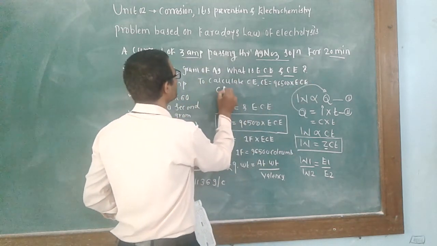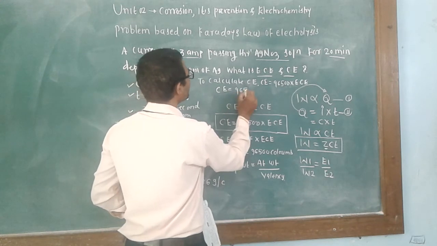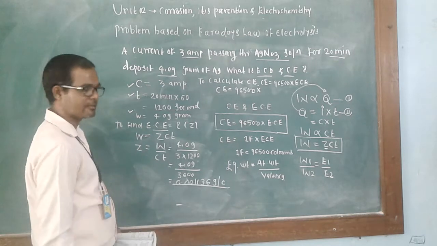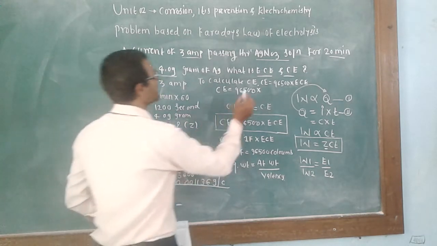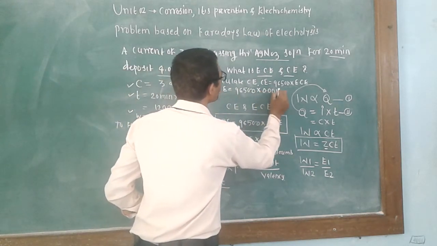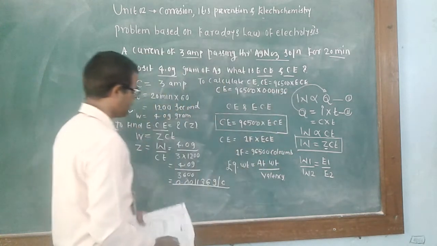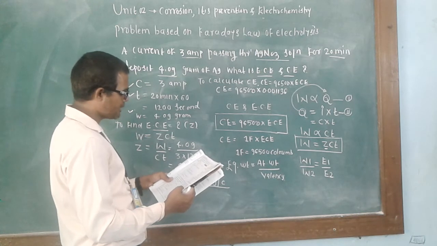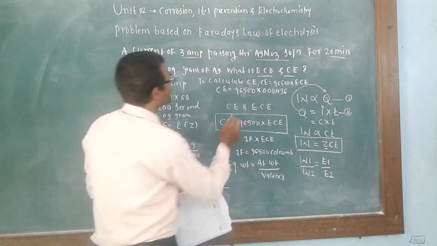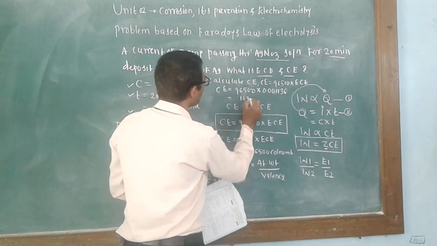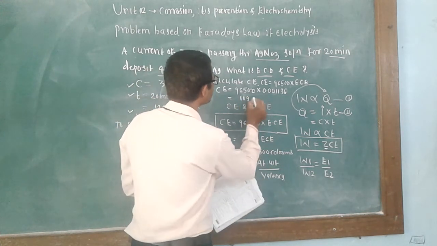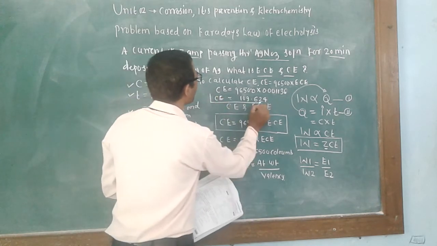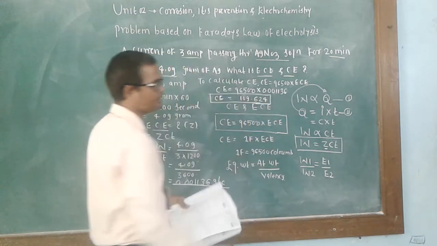CE is equal to 96,500 multiplied by Z, that is in gram per coulomb, that is 0.001136. Okay. When you multiply 96,500 with the electrochemical equivalent value, you will get 109.624. This is the equivalent weight or the chemical equivalent of the silver.